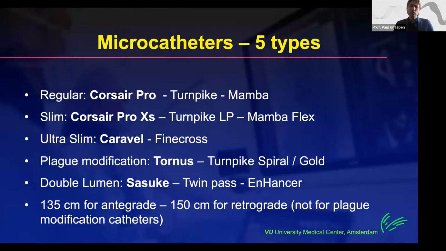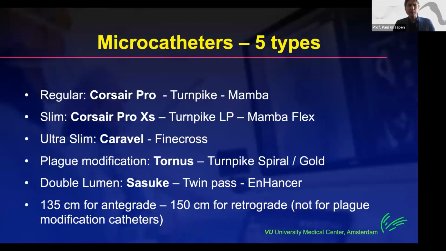Then you have some slimmer microcatheter, like the Corsair Pro XS, which balances between antegrade and retrograde approaches. Alternatives could be Teleflex Turnpike AP or the Mamba Flex. And then you have the ultra slim microcatheters like the Caravelle and the Fine Cross, which are usually suitable for epicardials.